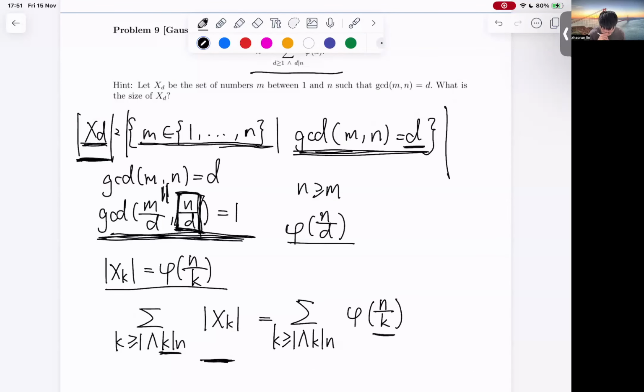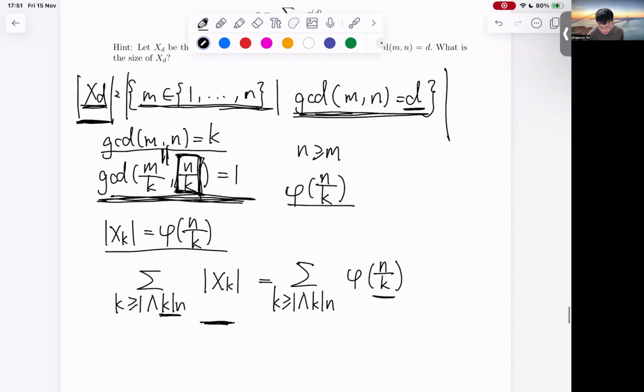Because now we have, so here we should have d, right? Because we should have k, right? We should be consistent over this. Since now we have the greatest common divisor of n and n to be k, so if we divide by k, this is also a divisor of n, right?